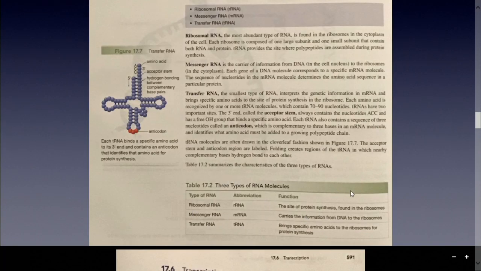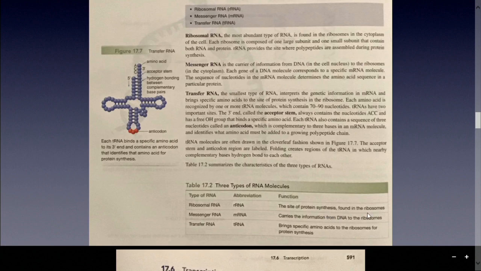Here's a nice little table that summarizes the information from this lesson, that you have 3 types of RNA. You have their abbreviations if you want them, that we always use, and you basically have their function. The ribosome is the host of the protein synthesis party, the polypeptide producing party.